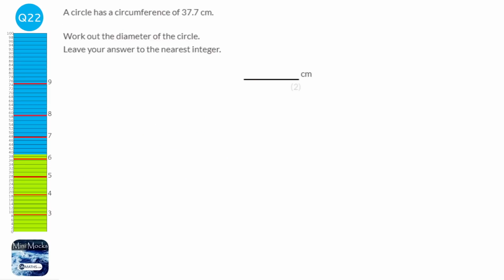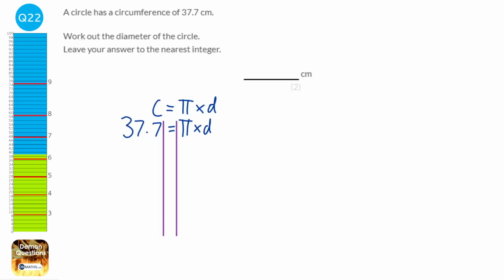The formula for the circumference of a circle is circumference equals pi times the diameter. In this question, we're given the fact that the circumference is 37.7 and we're asked to find the diameter. So if we put our lines in, all we need to do is divide both sides by pi.